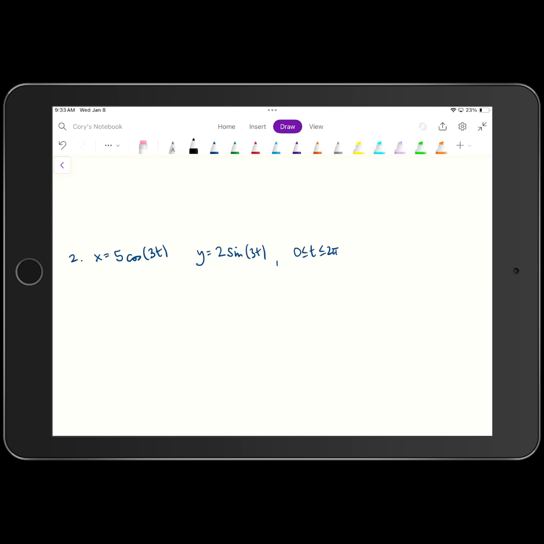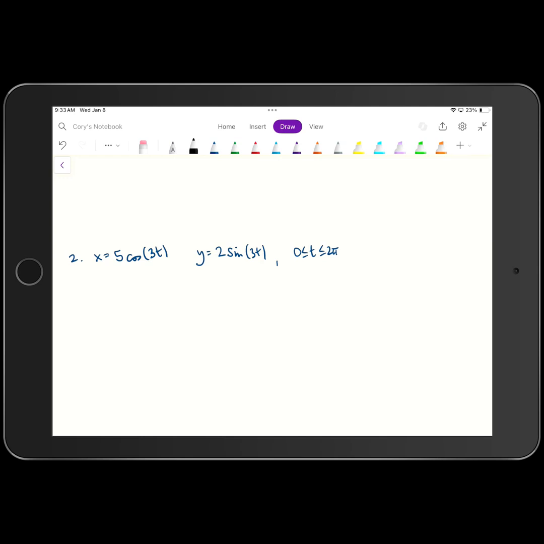Okay, so when we look at this set of parametric equations relative to the last one, the two equations look the same. The only thing that is different is the argument of your trig function. For both trig functions in number 2, the argument of the trig function is 3t.